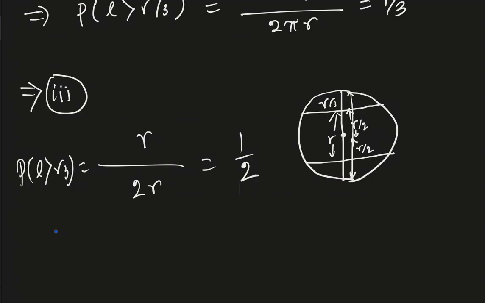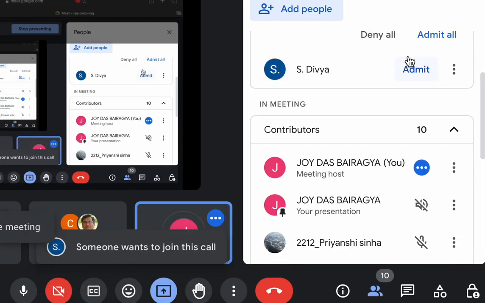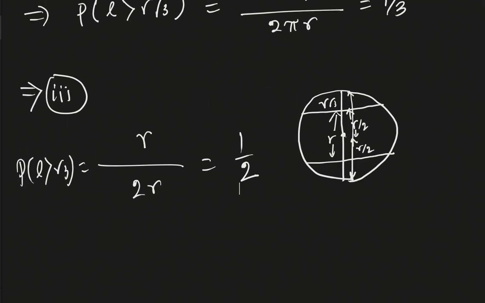And in the classical definition, the finite classical definition will work only when the total sample size is finite. If it becomes infinite, then it will not work.